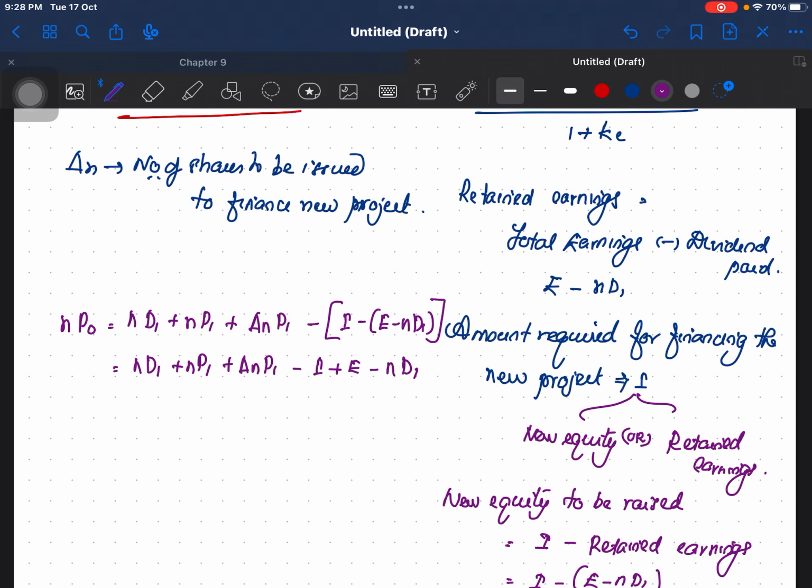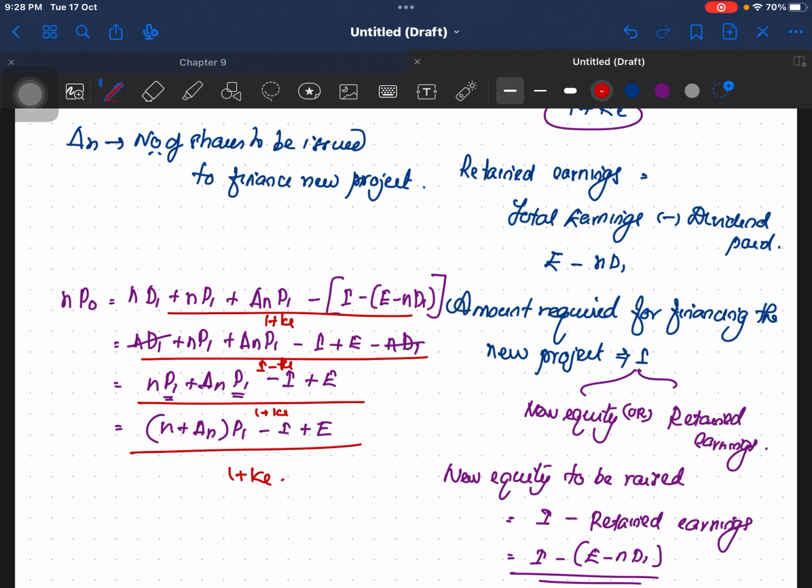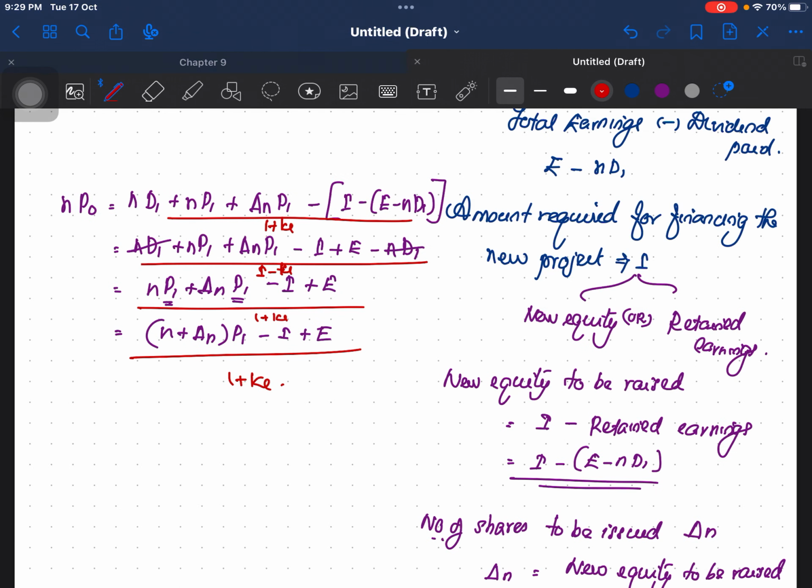Now whatever gets cancelled, nD1 and nD1 cancel, so that is equal to nP1 plus delta nP1 minus I plus E, and P1 is a common factor, so it will be n plus delta n into P1 minus I plus E. We forgot to take this 1 plus ke, so this is also divided by 1 plus ke. So in a nutshell, what is the formula?